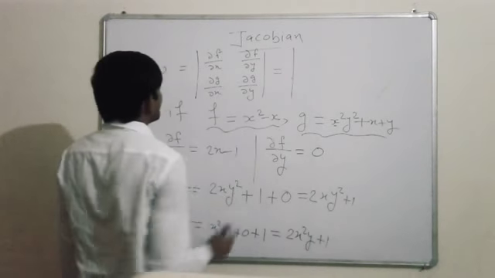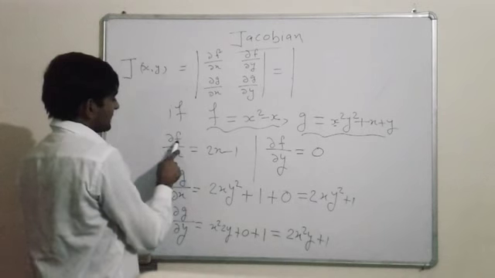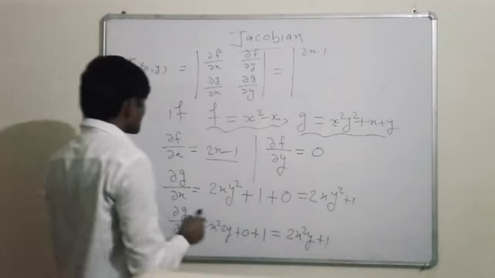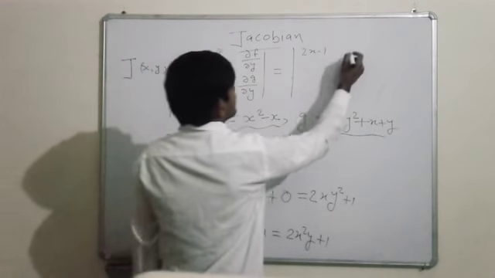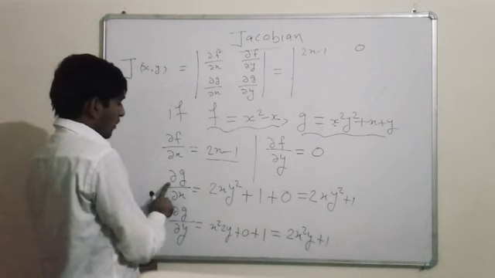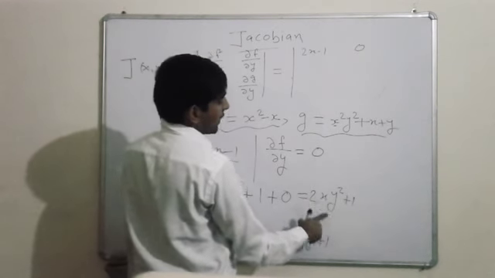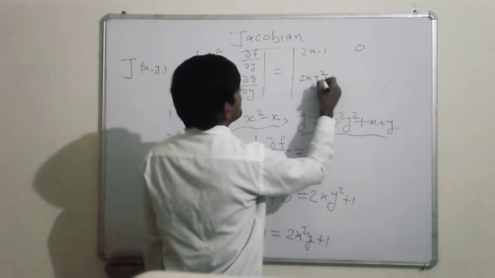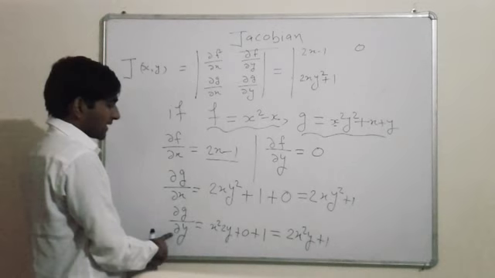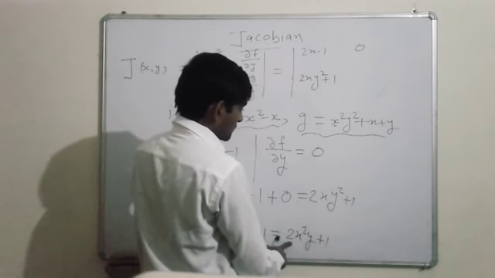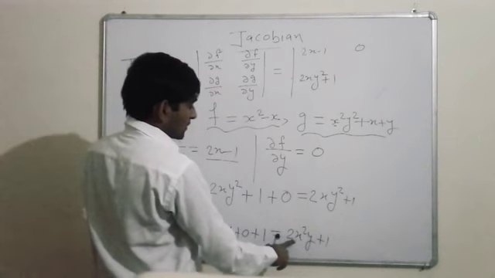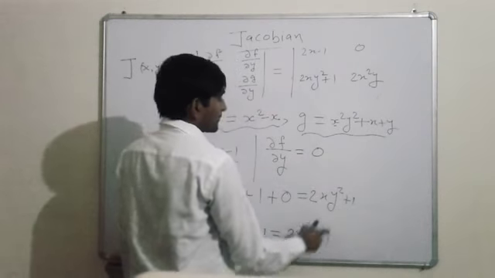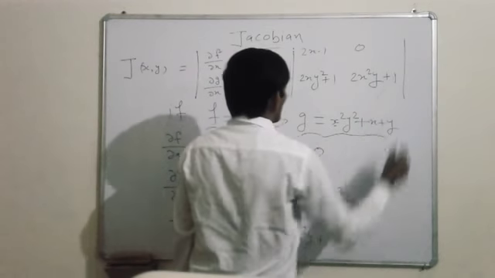Del f over del x is 2x minus 1. Del f over del y is 0. Del g over del x is 2x y square plus 1. And del g over del y is 2x square y plus 1, and the whole determinant.